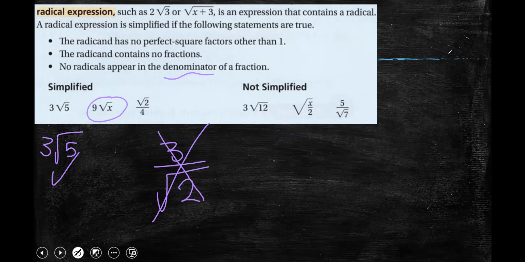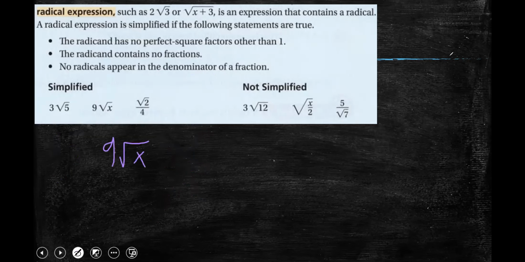Look at the second one here. We have 9 square root of x. Look at the square root. Is there a perfect square number under the square root?